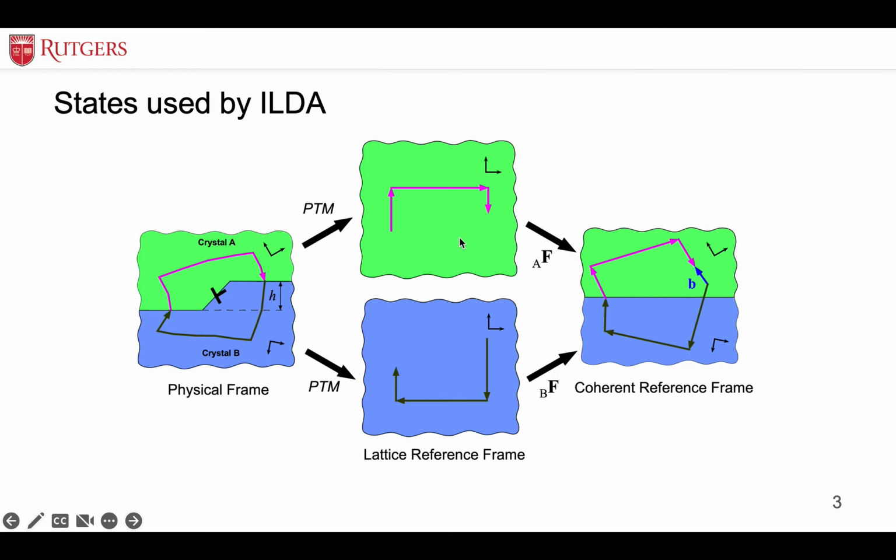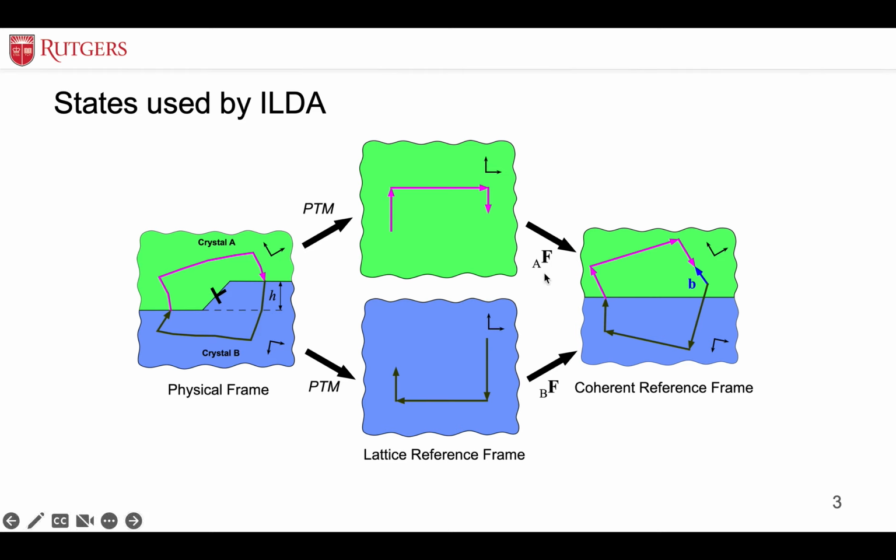But then to finally get the Burgers vector, you have to map from this lattice reference frame to what's called a coherent reference frame. That mapping is accomplished through a pair of deformation gradients, FA and FB. And basically, if there's a closure failure in this coherent reference frame, which there is, of course, here in this schematic, that is the Burgers vector.